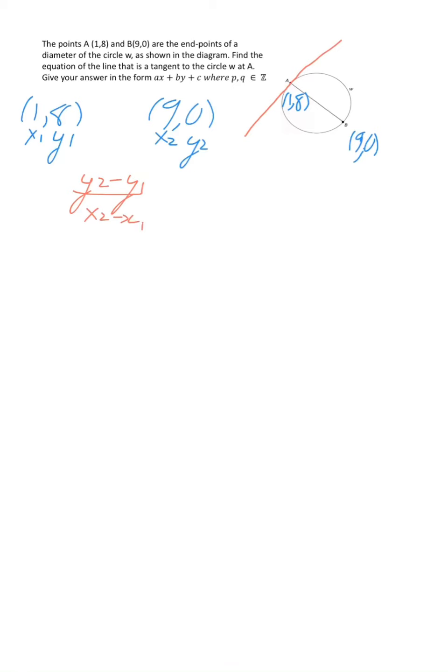Now let's sub in our values. So y2 we have 0, then minus y1, which is 8, then all over x2, which is 9, and x1 then, which is 1. So I'm going to have minus 8 over 8. Simplifying this, this gives us a slope of minus 1.